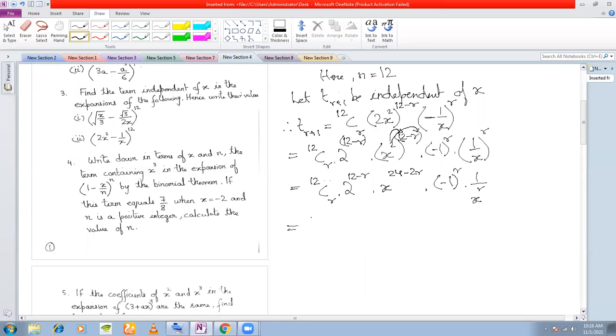So take all the non-x terms, the constant terms in fact, together. So 12Cr into 2 to the power of 12 minus r. Let's write (−1) to the power of r in the beginning. And what are you left with here? You're left with x to the power of 24 minus 2r divided by x to the power of r.